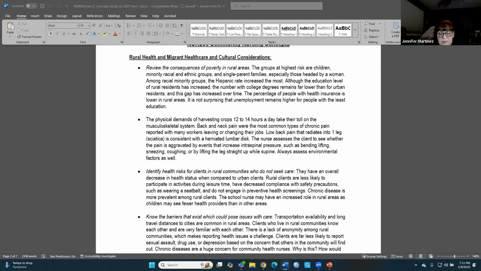That pesticide exposure, what do you think is a good primary prevention for dealing with pesticides? PPE, washing hands. Okay. So yes, your primary would be your PPE, how to protect themselves against working with those pesticides.